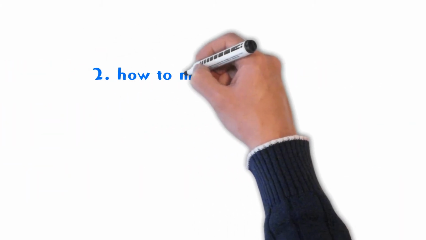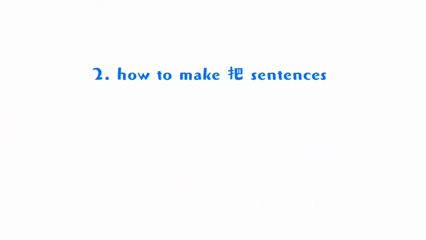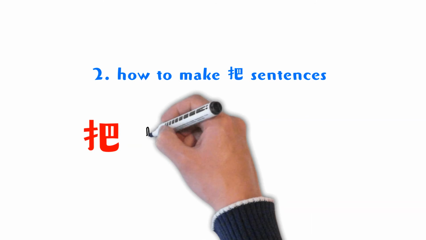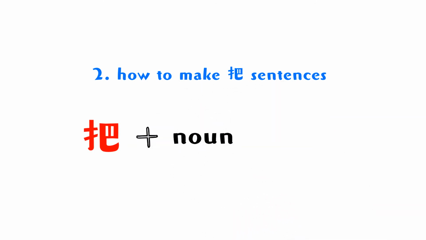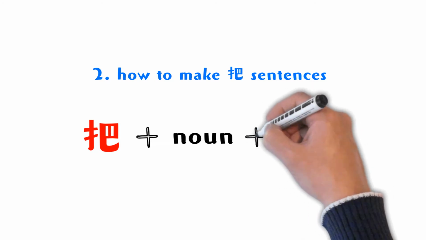2. How to make 把 sentence? Actually, the basic structure of 把 sentence is very simple. It's 把 plus the noun that represents things to be changed, plus verb.